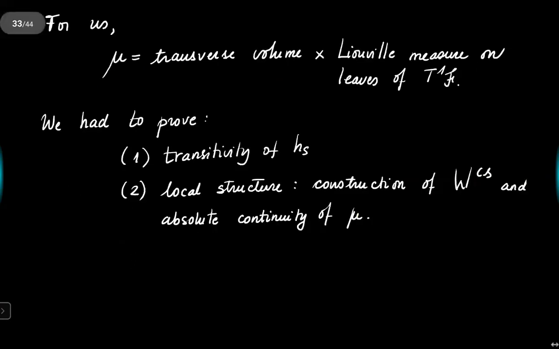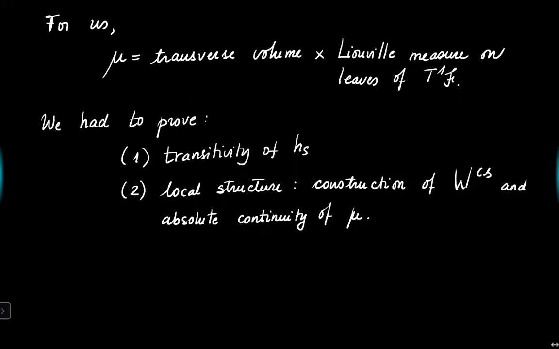So what do we do? For us, in our setting of Riemannian foliations, the measure is the transverse volume times the Liouville measure on the leaves. So this is what our measure looks like at a local level.